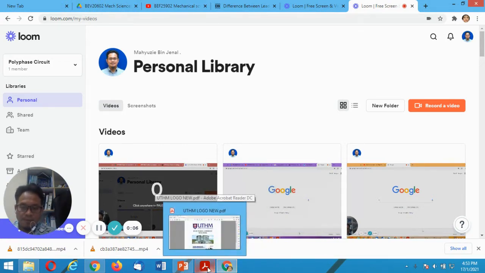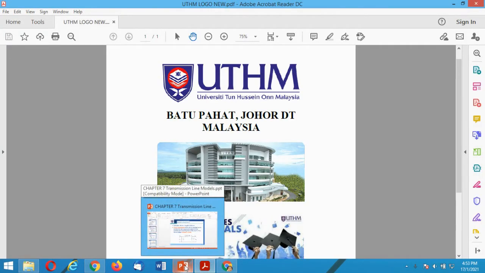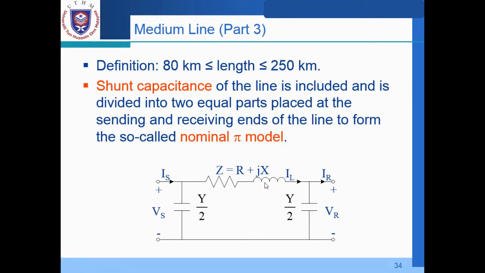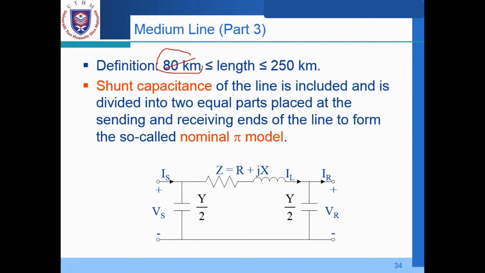So in this video, we continue with our discussion of a transmission line model, and here we proceed with part 3 of the discussion on the medium transmission line, and we begin with the definition, where basically the transmission line for the medium distance is defined between 80 kilometer up to 250 kilometer.